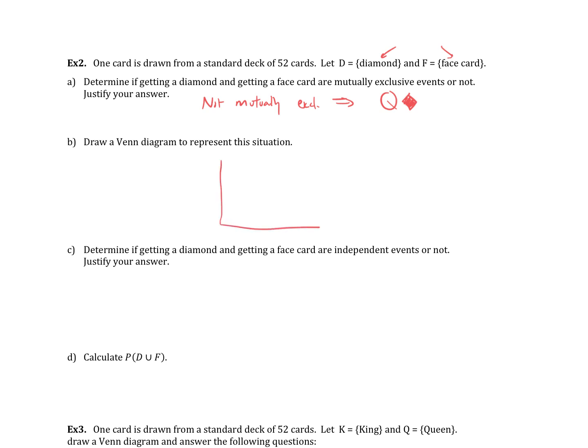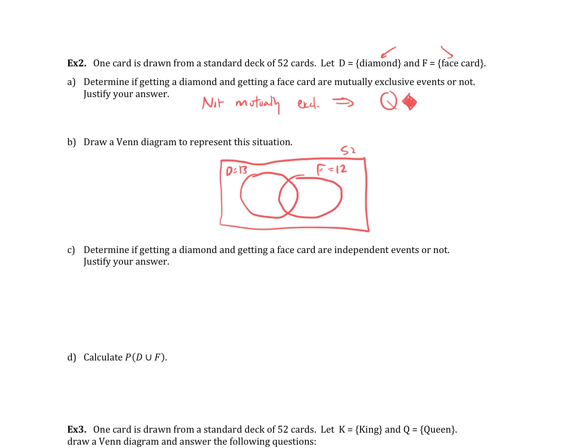Okay. We have the deck of 52 cards. There are 52 cards total. We have diamonds, and how many of those are there? There are 13. Of face cards, there are 12 total, because there's Jack, Queen, King, and there are 4 sets of those. I think this is easier to figure out from the middle going out.